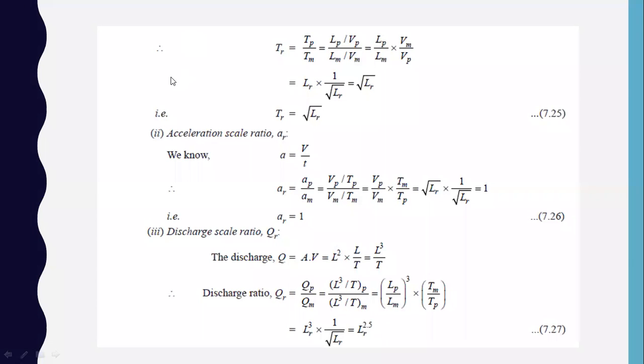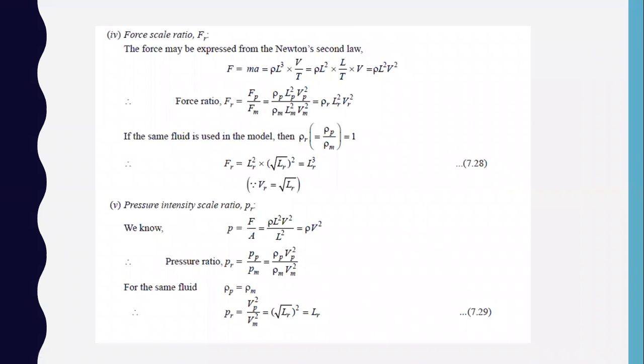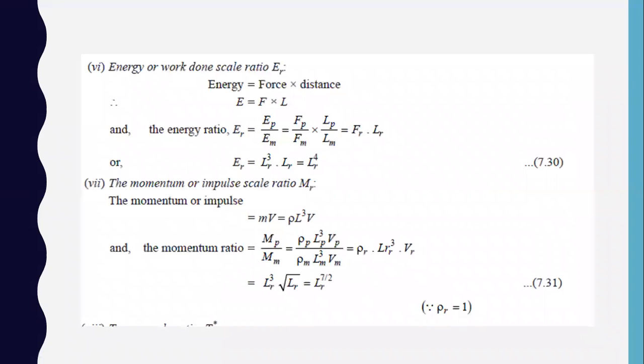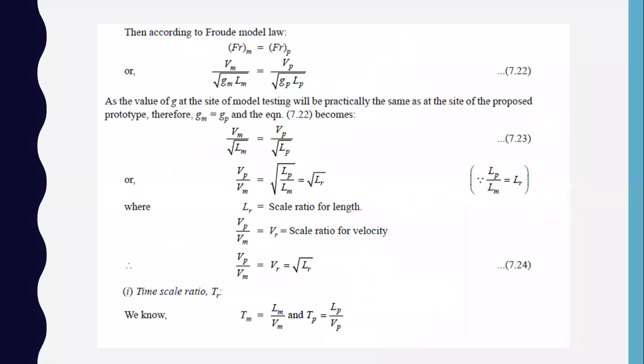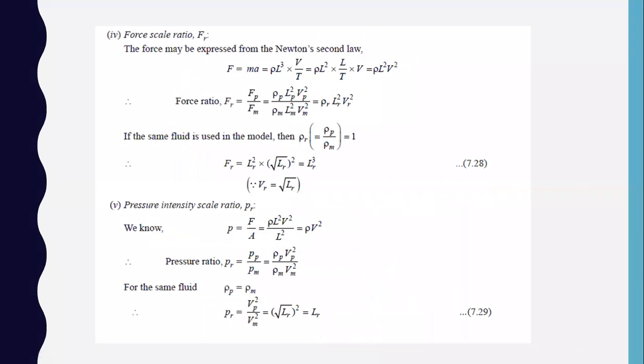These are simple mathematical solutions. Similarly, for the force scale ratio, pressure intensity scale ratio, energy or work, and moment scale ratios, we will find the values. So for the Froude model, we will find the other ratios too.